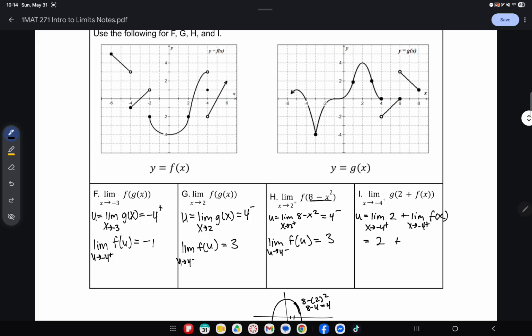We want -4 from the right, which is going to be -1. So it's going to give me 1. So the limit as u approaches 1 for g of u, g of 1, that's going to be 2.